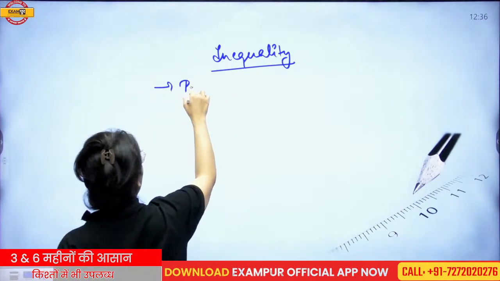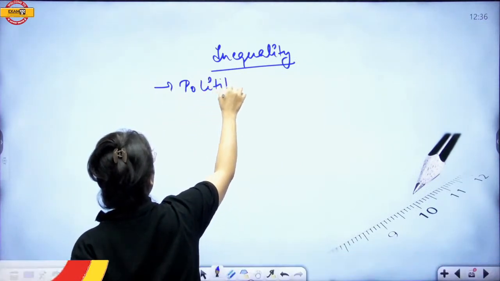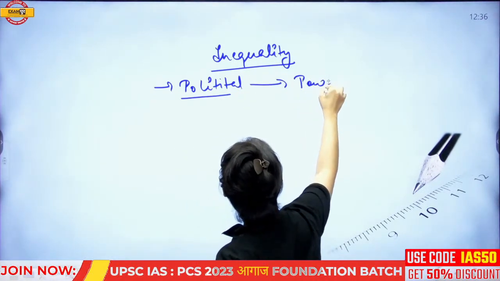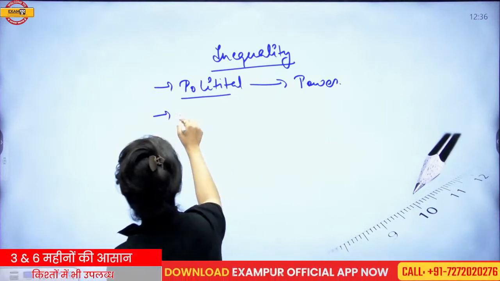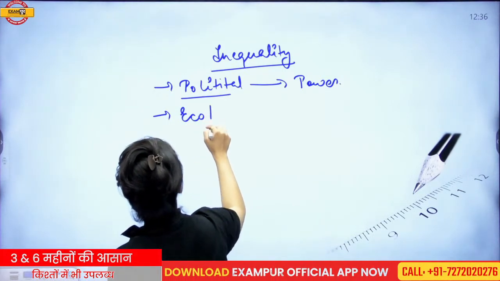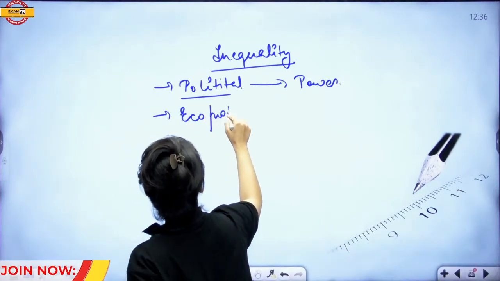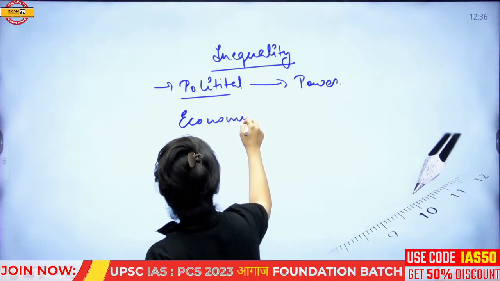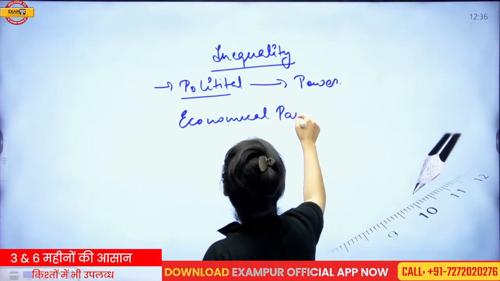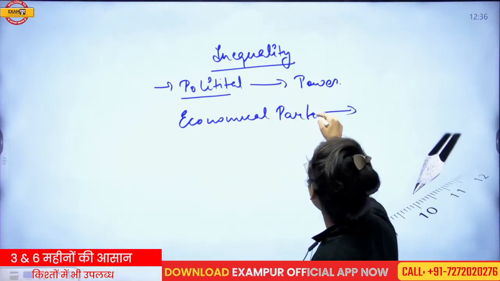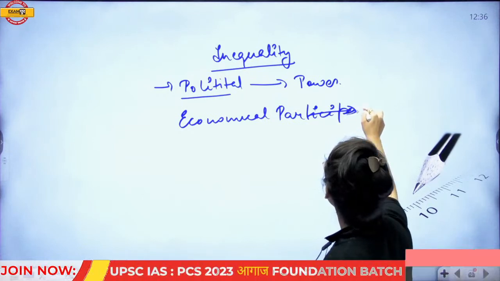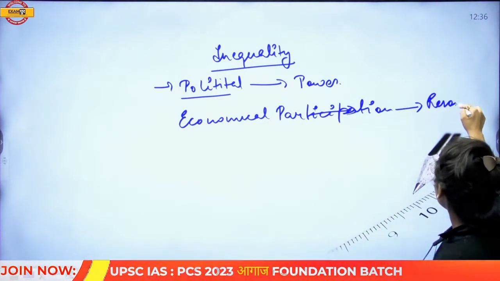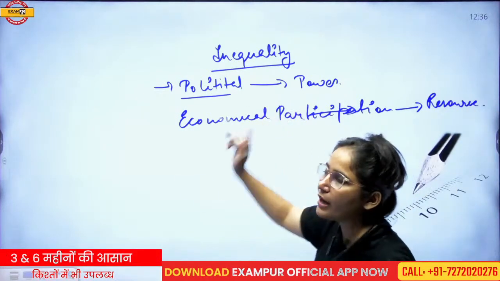first you need to look at this principle, political empowerment, political condition, means I am just talking about the power. How much economic participation of labor force? Economical participation of labor force, that is generation participation. You need to take it as the resources. How much resources you are holding in your hands.